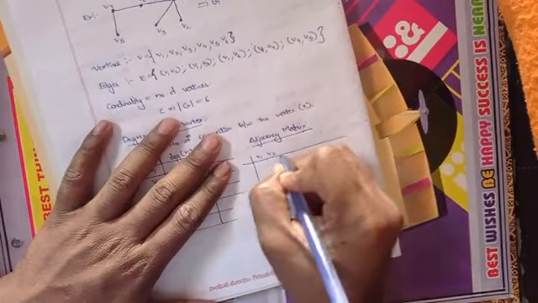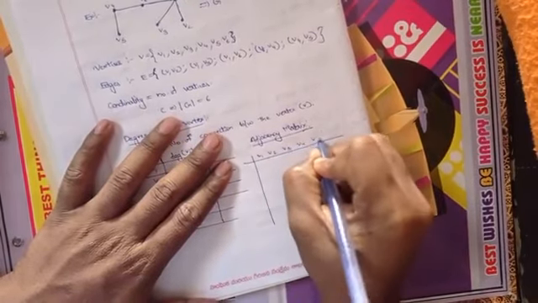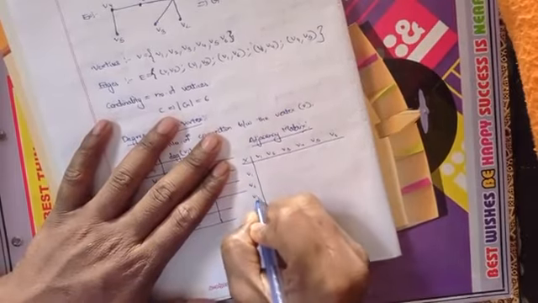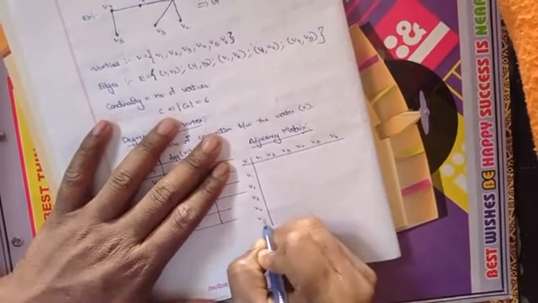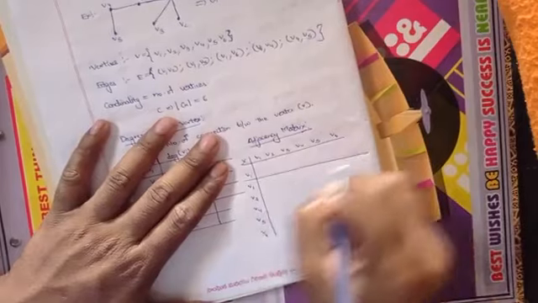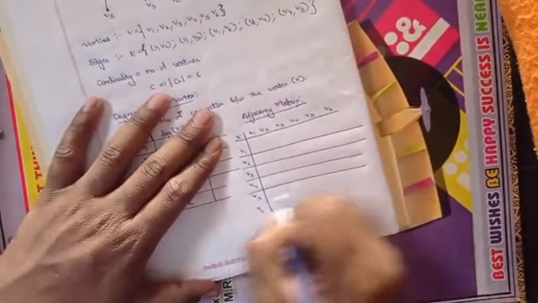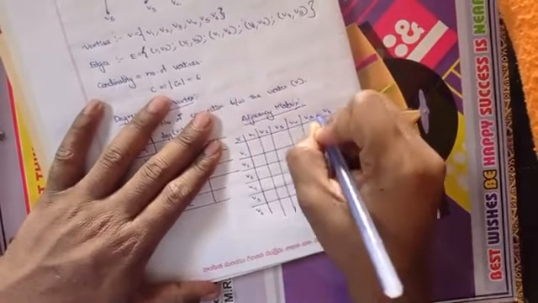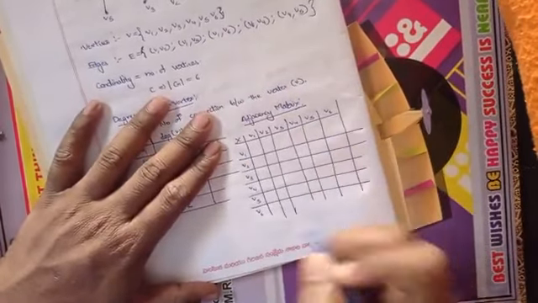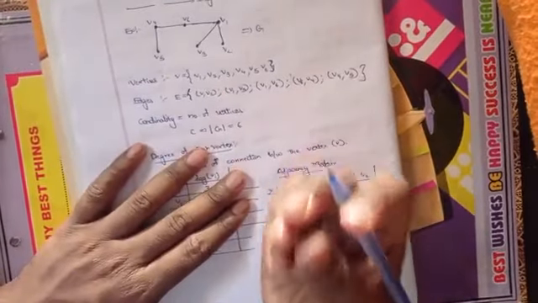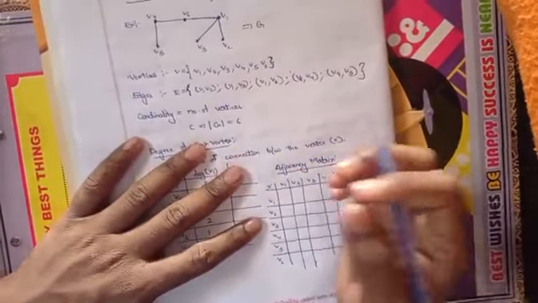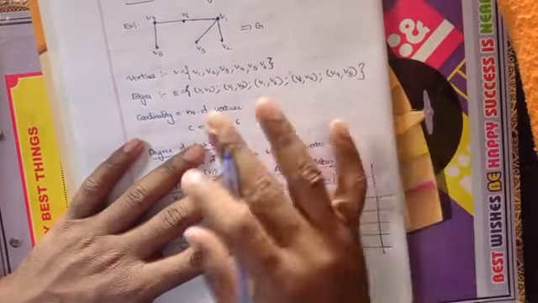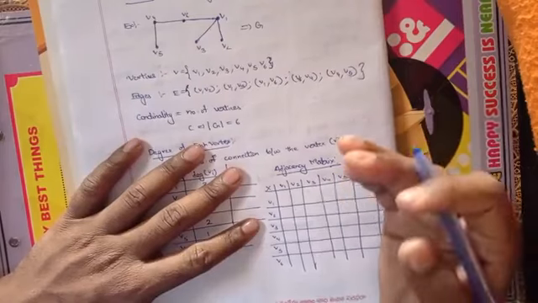V1, V2, V3, V4, V5, V6 across the rows and V1, V2, V3, V4, V5 and V6 across the columns. So if there is a connection between any two vertices, make that cell 1. If there is no edge, make that cell 0. That is the representation of an adjacency matrix.